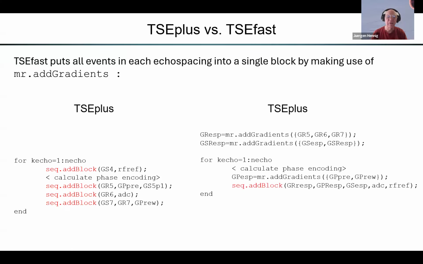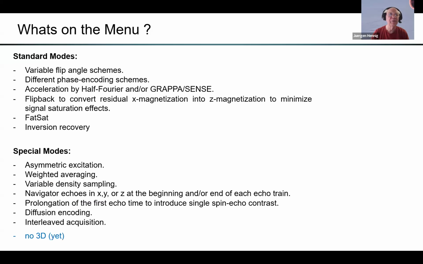In the TSE Fast, all the gradients along the three axes are combined using that fabulous function add gradients, and then the whole echo spacing is just one block. So you put everything into one block. I'm not sure whether that's the intended use of add gradients, but it does work and it makes life very, very easy and gets you to the end.